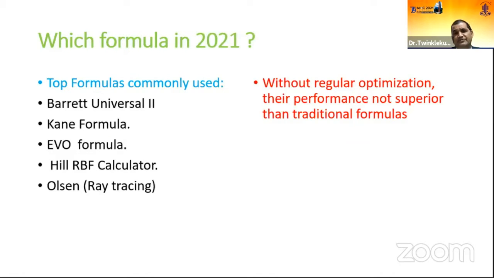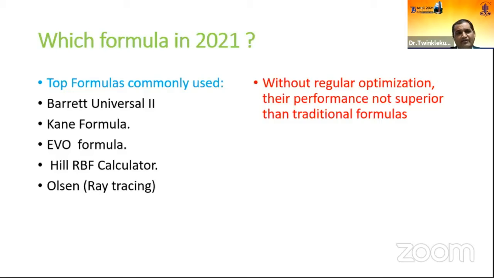At present, in 2021, across the globe, the five top formulas commonly used are Barrett Universal 2, Kane, EVO, RBF Calculator, and Olsen. But the most important part is that without regular optimization of their performance, none is superior to the traditional formulas. So you have to constantly optimize your results.